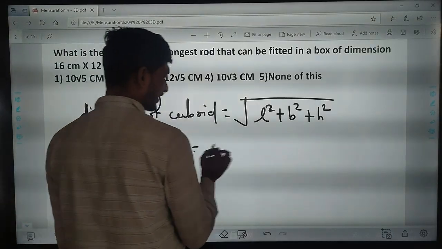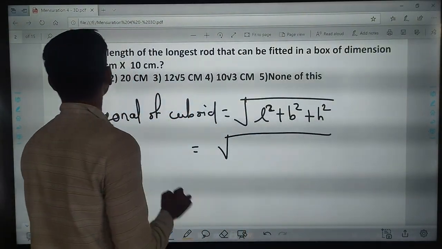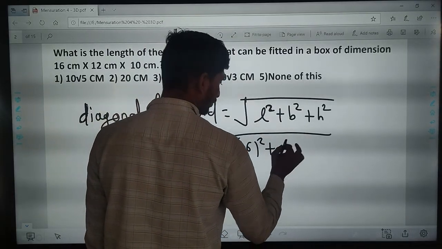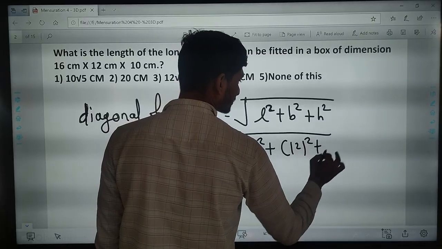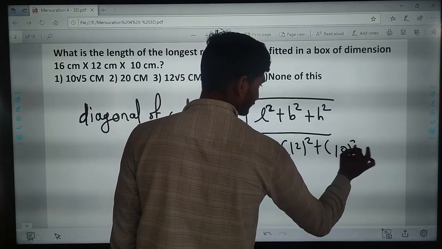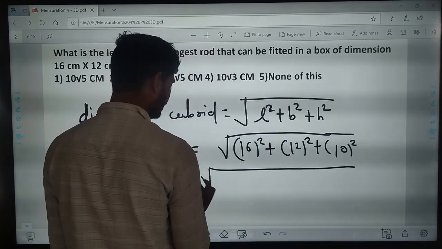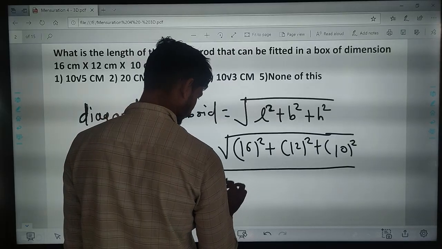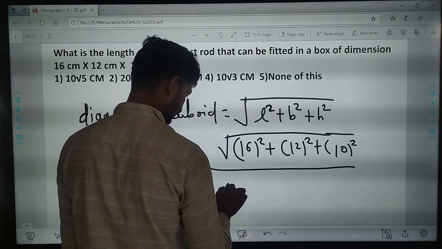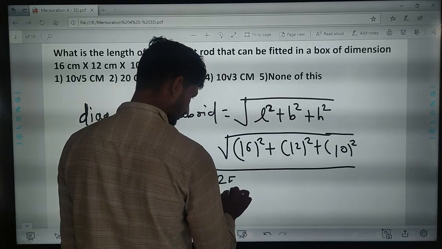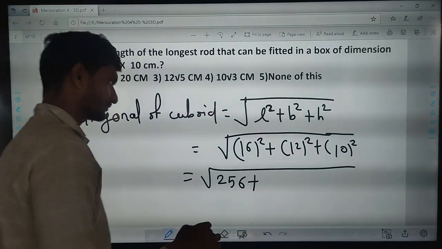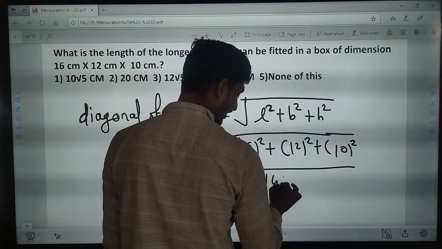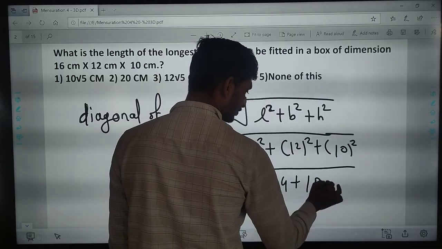Now here we take these values: 16 square plus 12 square plus 10 square. 16 square is 256, 12 square is equal to 144 and 10 square is equal to 100.